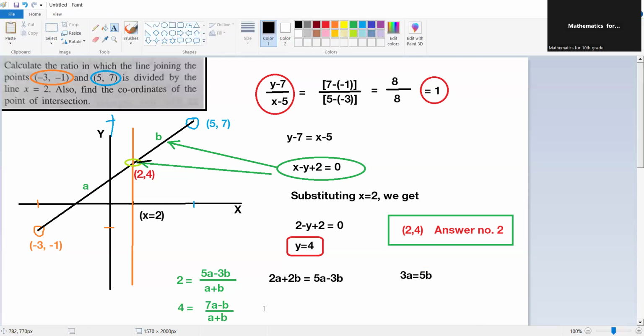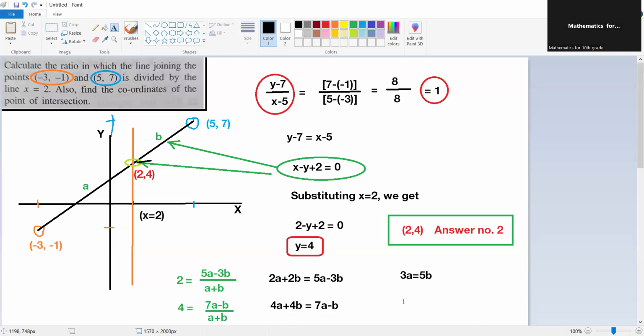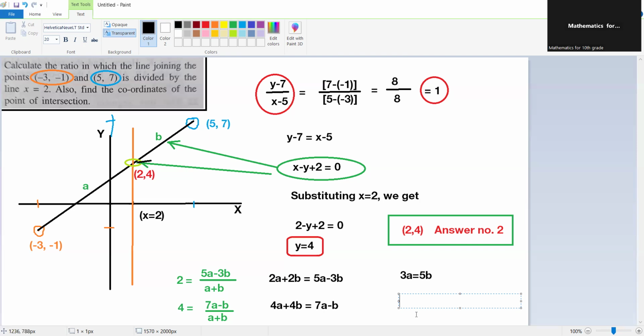We get the same thing from the bottom also. We can verify. 4A plus 4B is equal to 7A minus B. So 3A is equal to 5B. So we get the same relation.